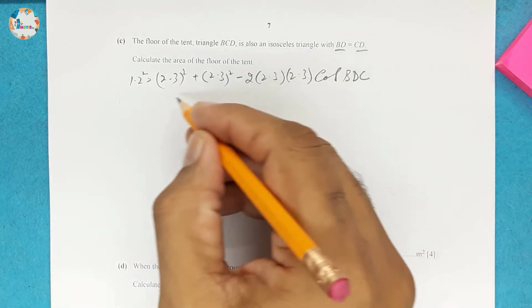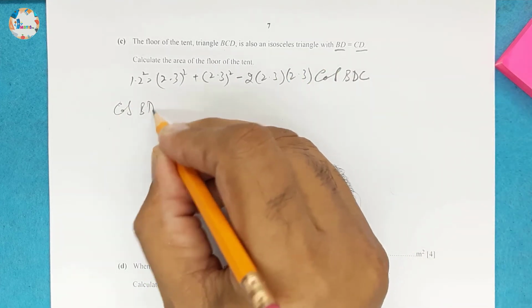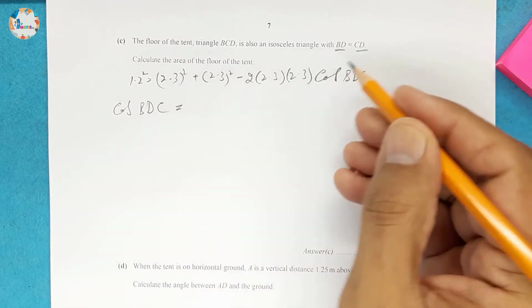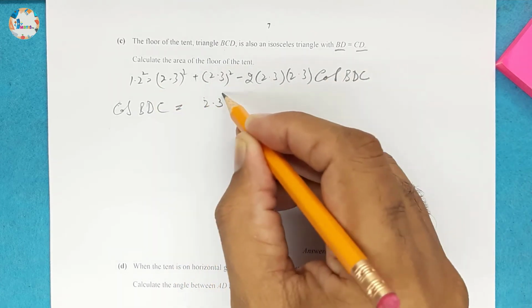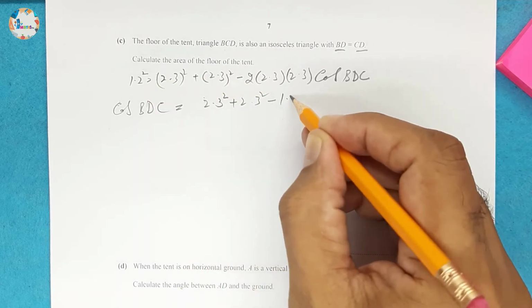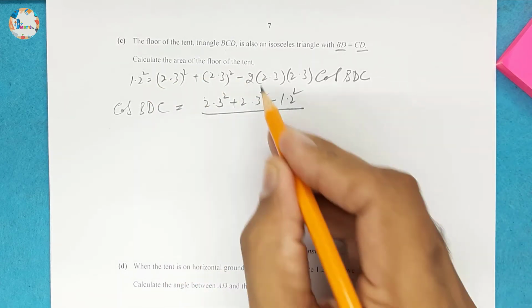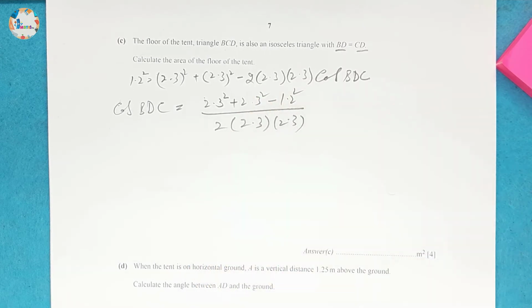So cos of BDC is equal to 2.3 squared plus 2.3 squared minus 1.2 squared, divided by 2 into 2.3 into 2.3.